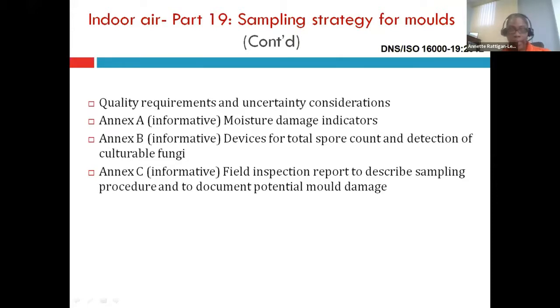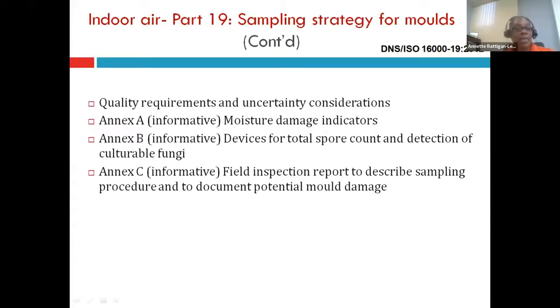The quality requirements and uncertainty, again, this is something that you need to pay attention to, bearing in mind that because of the varying characteristics of mold spores, you need to factor in the levels of uncertainty within your measurements and analysis.